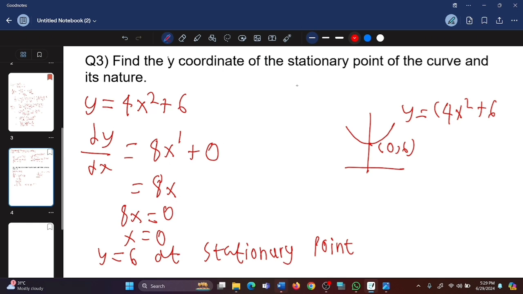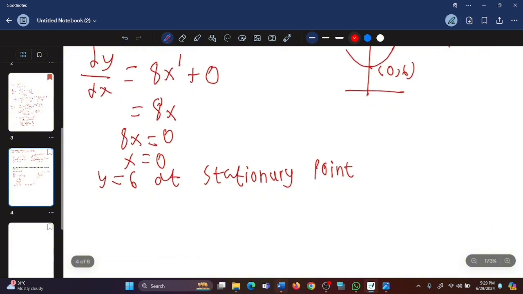The second part of the question states, determine its nature. Nature means is it a minimum or a maximum? So to find its nature, we need to do further differentiation. That is, we need to find d squared y by dx squared. So what is d squared y by dx squared?